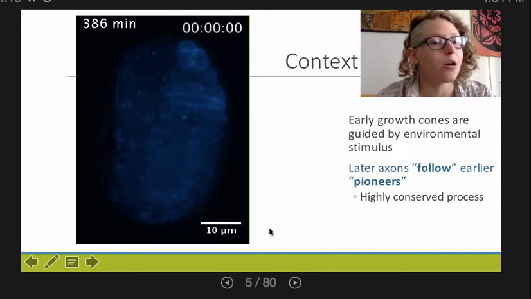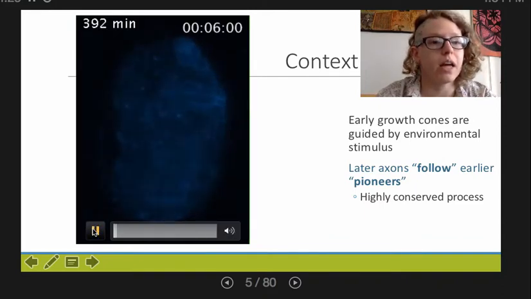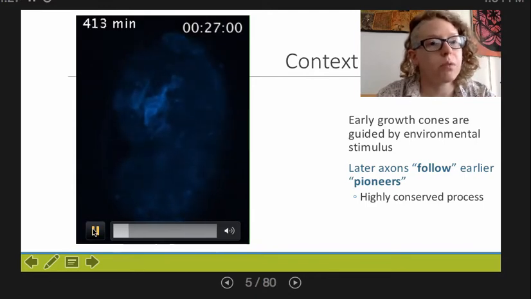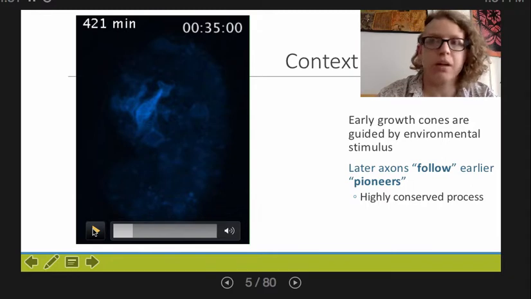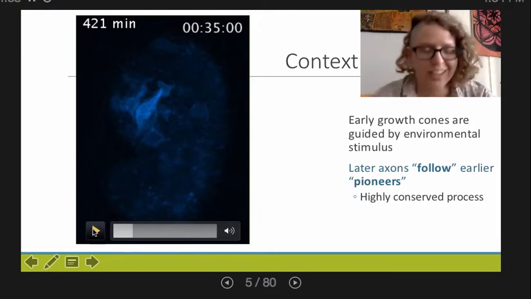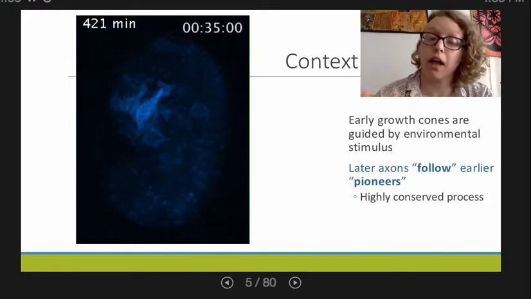So this is our worm, our embryo in its eggshell. And the head is developing up here, and you'll see those neurons developing. Now, this worm is expressing a blue fluorescent protein in all of the cells that have a neuronal identity.